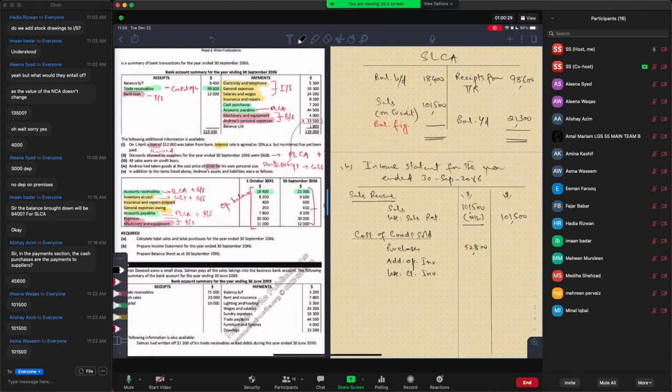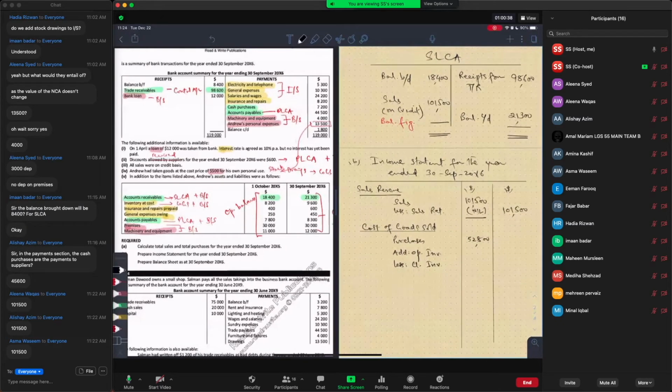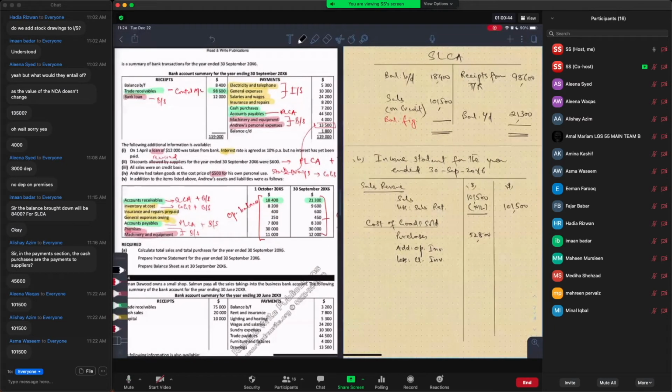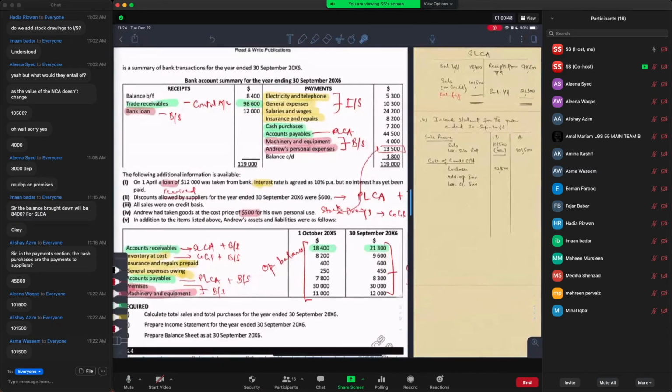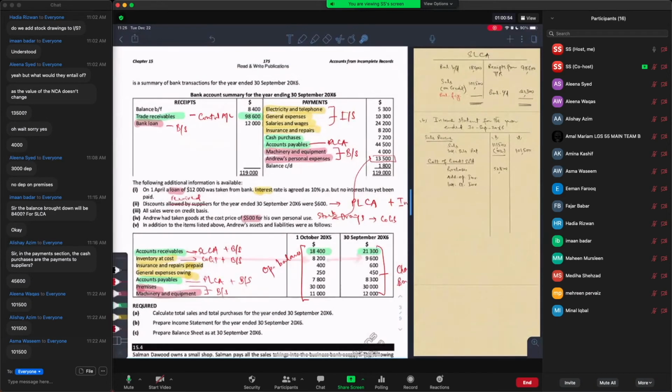And where do we find opening and closing inventory here? We will look through these opening and closing balances given at the end of the year, right? You can see that's the opening balance here, inventory at cost. That is your opening inventory and that is your closing inventory, right?